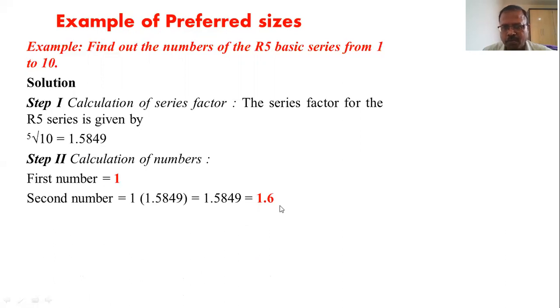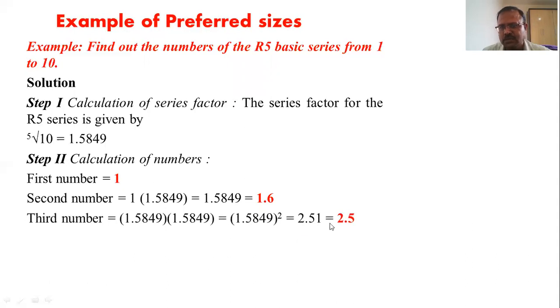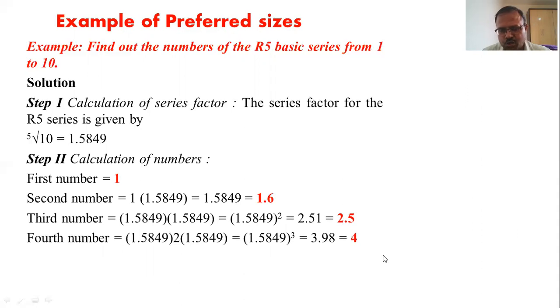The third number will be obtained by multiplying the series factor 1.5849 with the unrounded number 1.5849, rather than 1.6, and we obtain the third number. It comes out to be 2.51, which is rounded to 2.5. The fourth number will be obtained by multiplying 2.5 with 1.5849 and then rounding up, and so on.